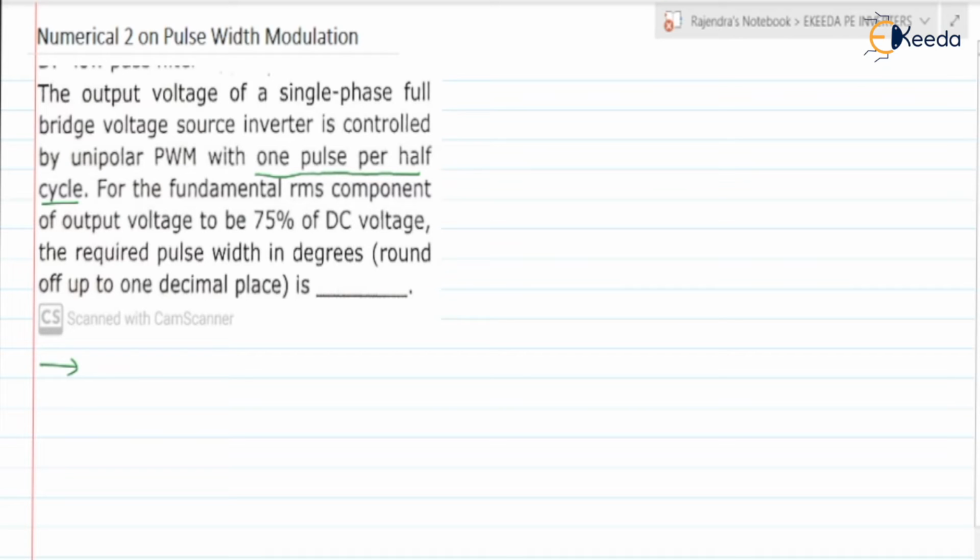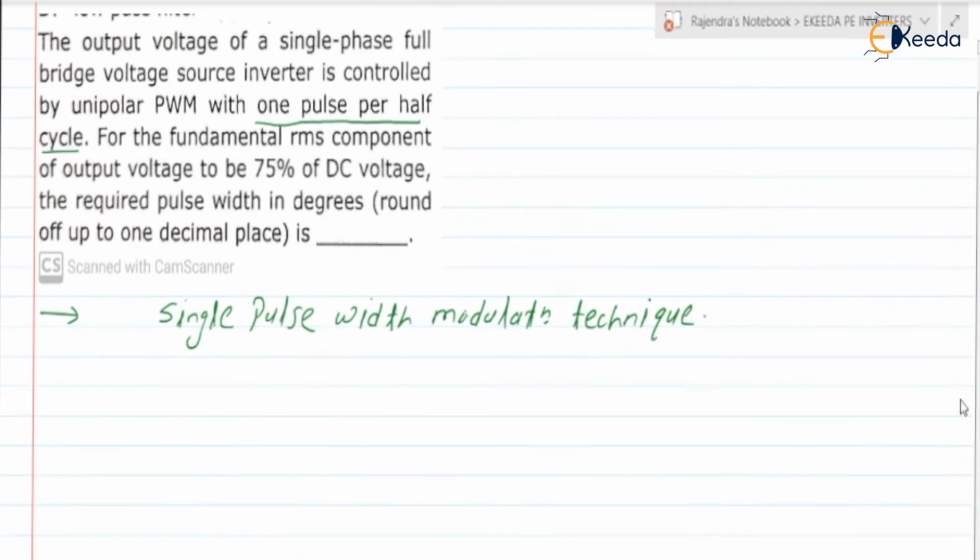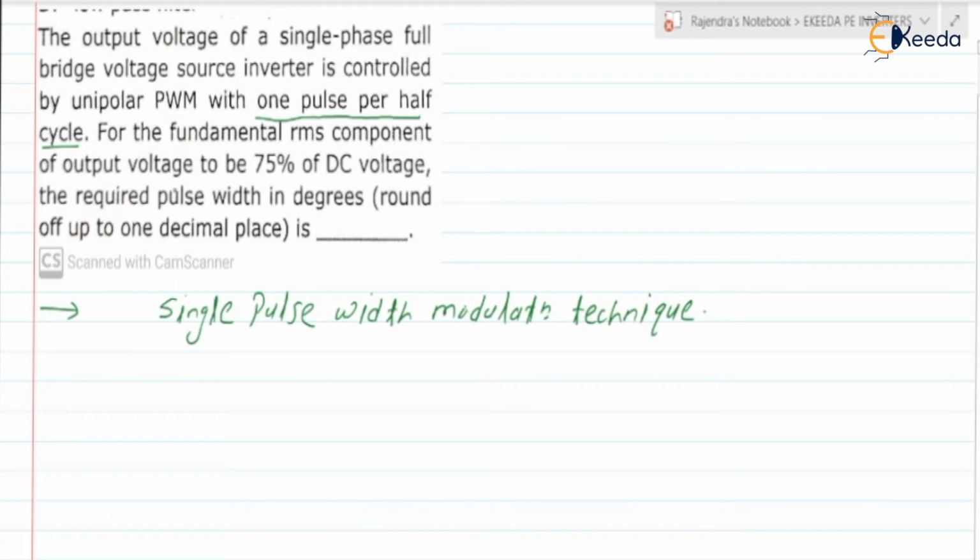So it is given that this is the single pulse width modulation technique. For this PWM technique, it is given that the fundamental RMS component of output voltage, V01 RMS, is equal to 75% of DC voltage, EDC.